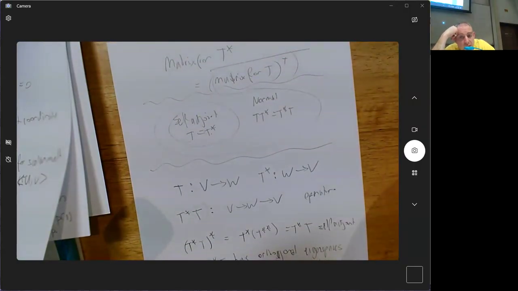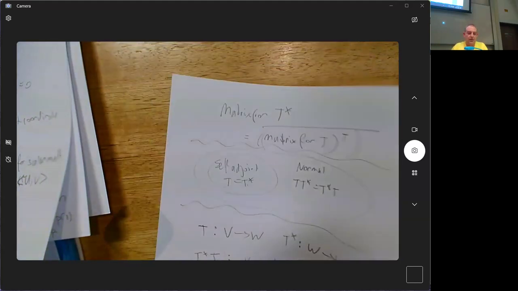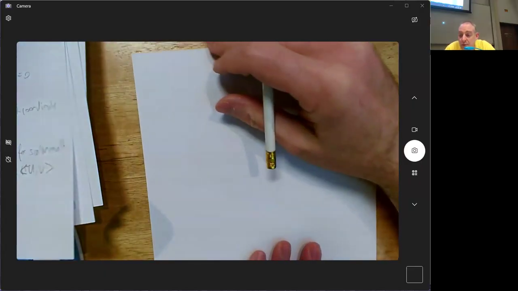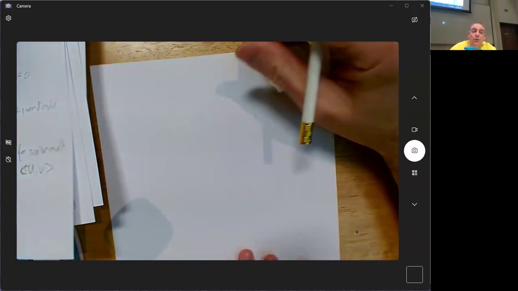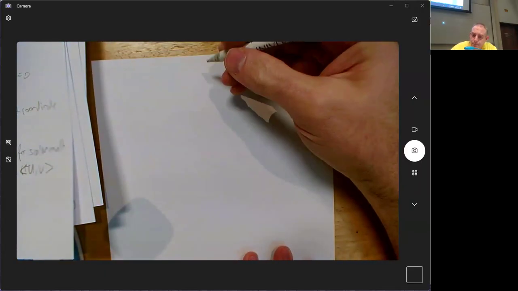So suppose T is, this is what singular value decomposition is. All right, here we go. I'm going to have to stop in just a minute, but I really wanted to get to this point. What's that?